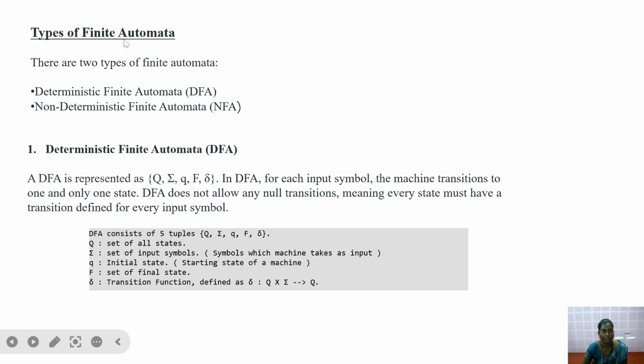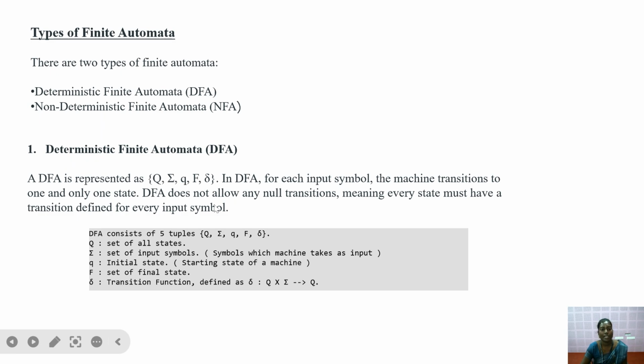Next, these are the types of finite automata: deterministic finite automata and non-deterministic finite automata. In a DFA, for each input symbol the machine transitions to only one state, that is only one transition, whereas a non-deterministic finite automata allows multiple transitions.